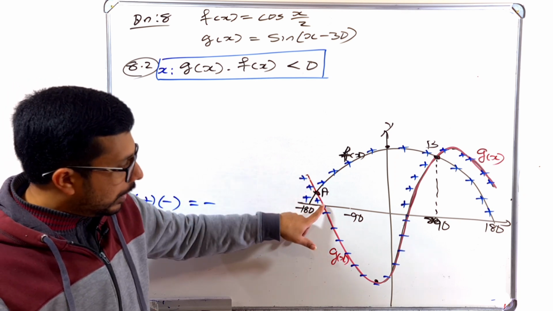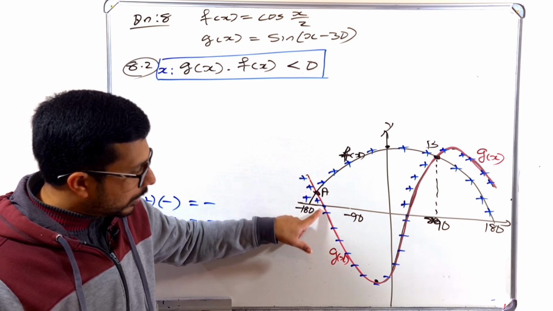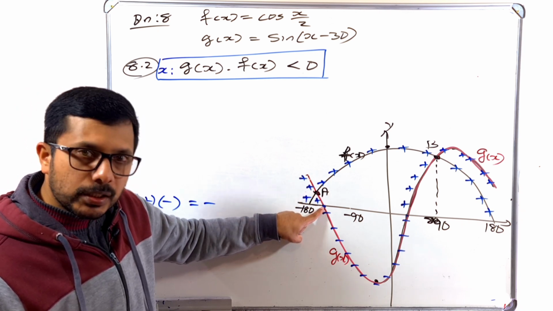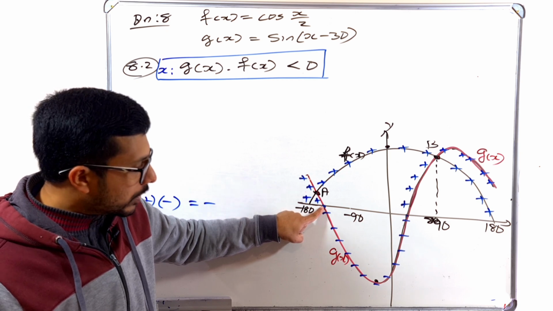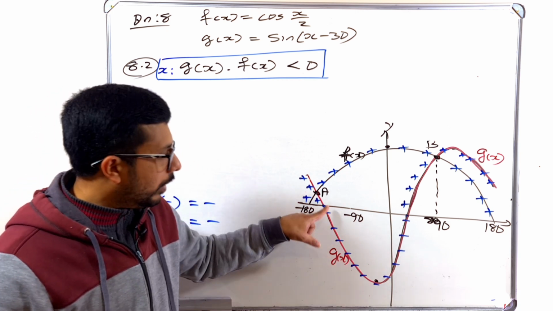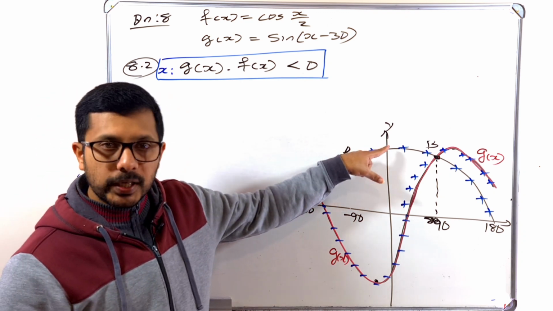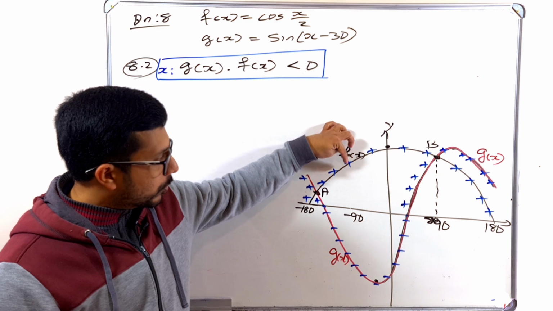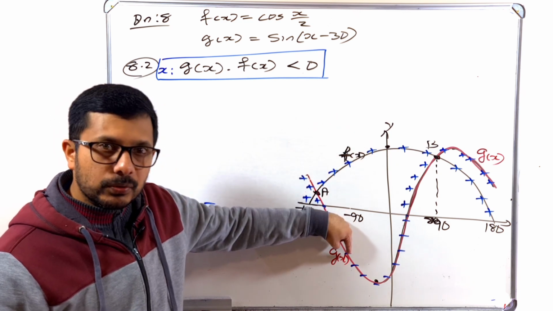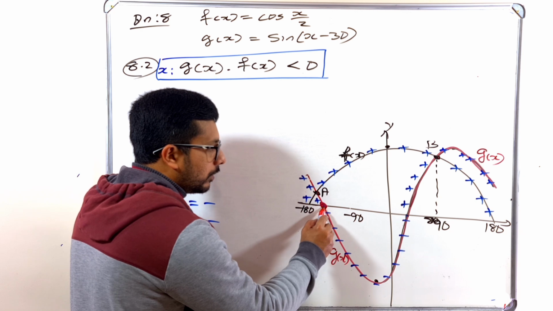Here also both graphs are above x-axis, but after this point, what is happening? This g of x is negative or below x-axis and f of x is above x-axis. Can you see that? Positive, negative. After which point? After this point.